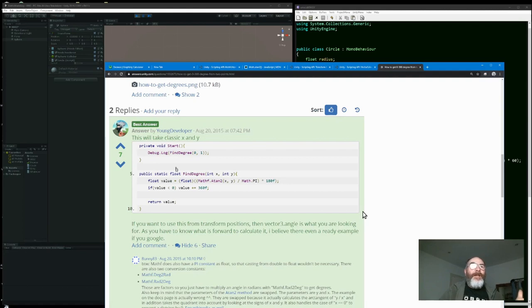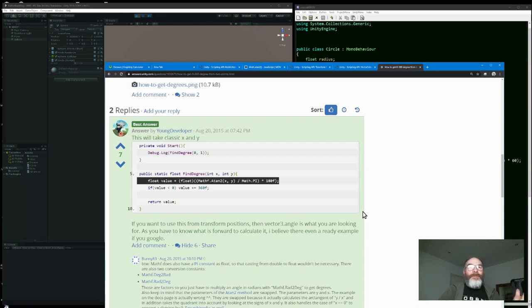I mean, first of all, find degree is taking integers. Why the hell is it taking integers? You might as well take floats. I don't know. Take a float value, and it's taking the mathf function, and it's casting it to a float. Why does it cast it to a float?